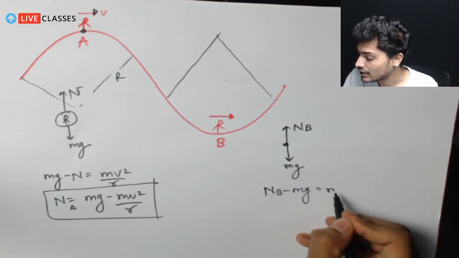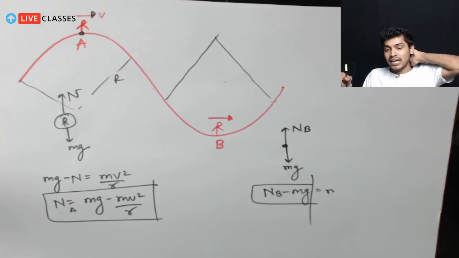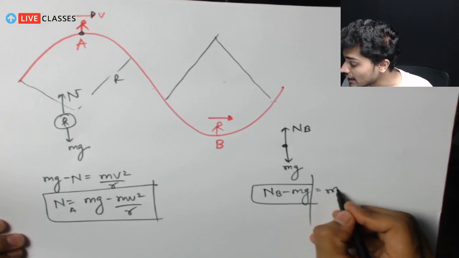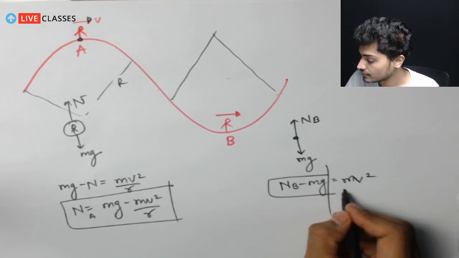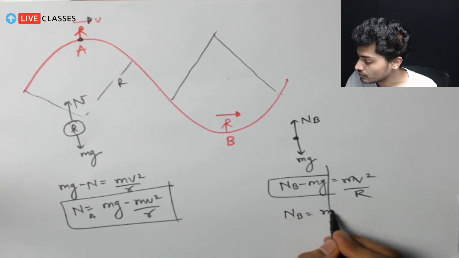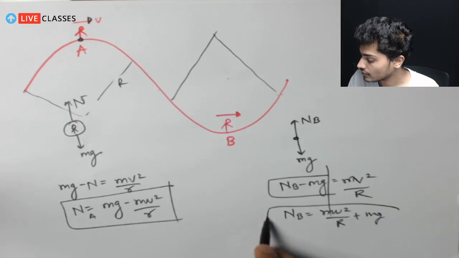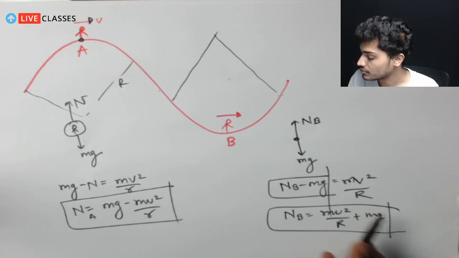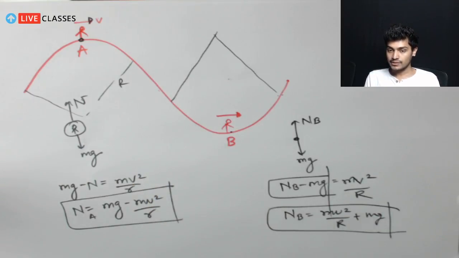This is the net force acting towards the center, and we have to equate this net force with mv square by r. So here our NB will be mv square by r plus mg. This will be our NB at this point, right?